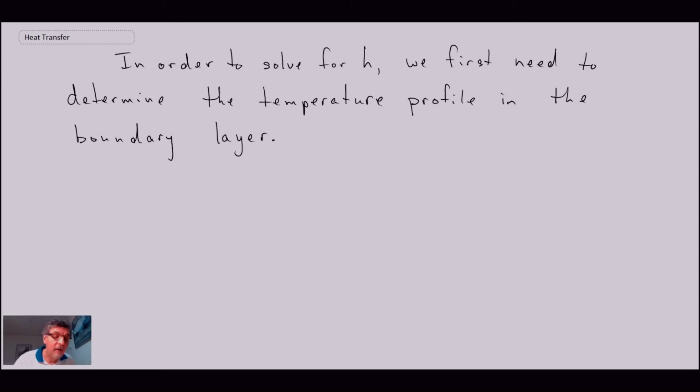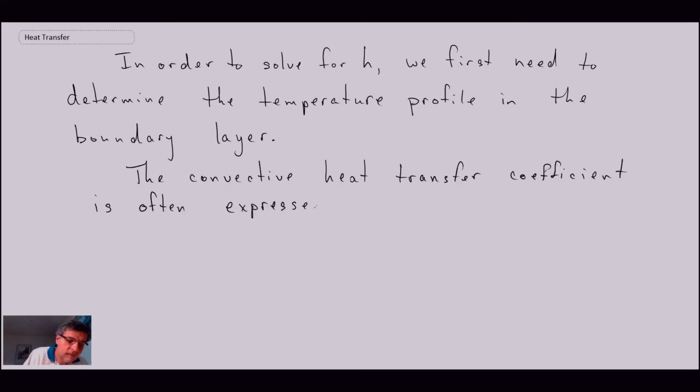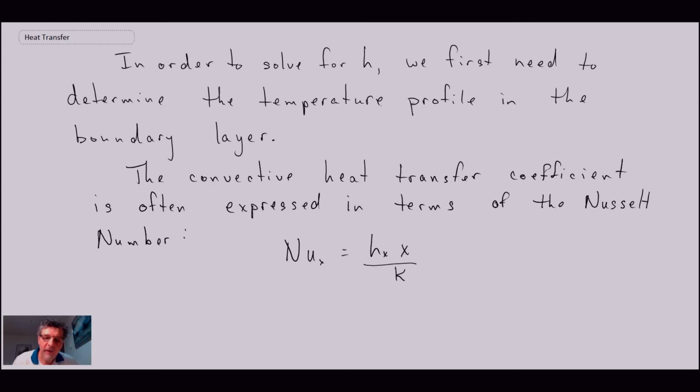And then once we obtain h, what we do typically in fluid mechanics is we embed that within a non-dimensional number, and that number is the Nusselt number. So there is the Nusselt number.